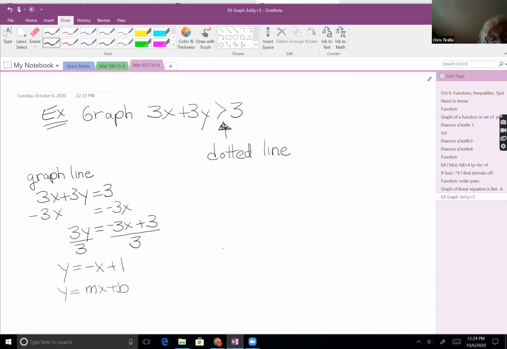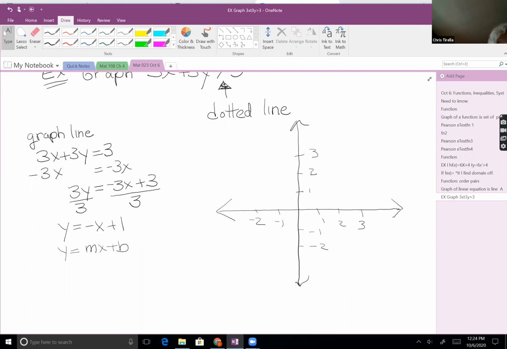When I compare that to my y equals mx plus b, I need to first draw some axes. When I compare, does everybody see that b is 1? So I begin at 1. We always begin on the y line.